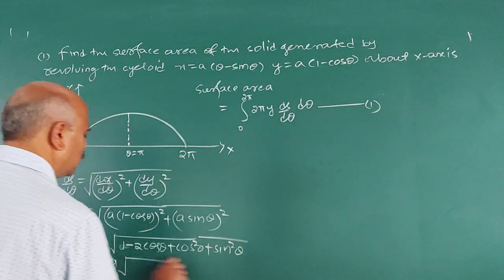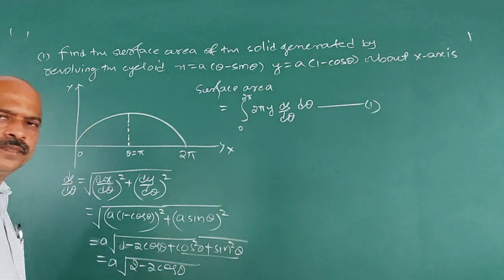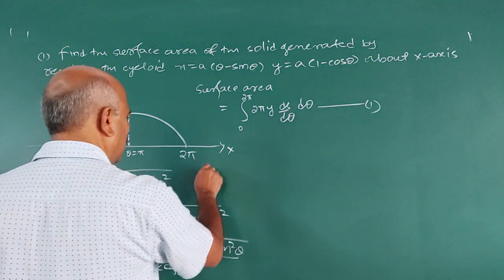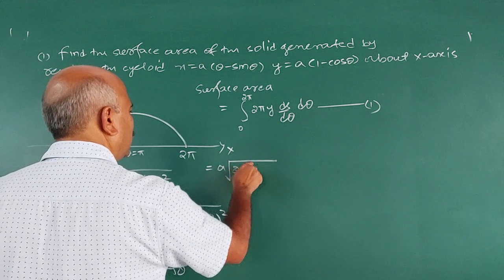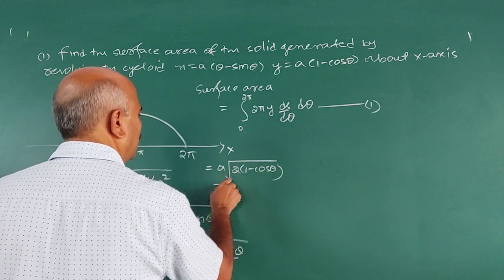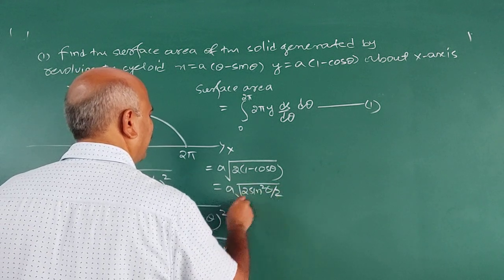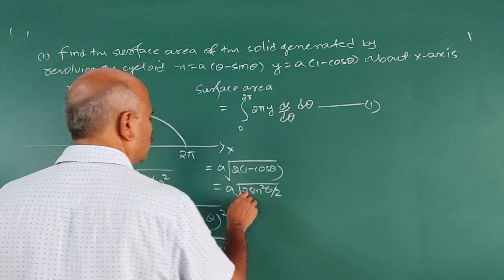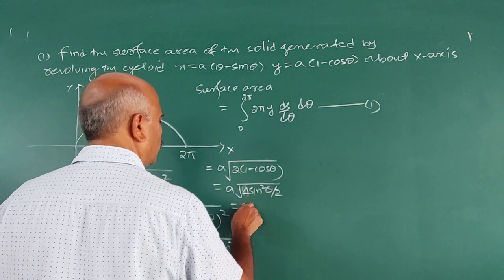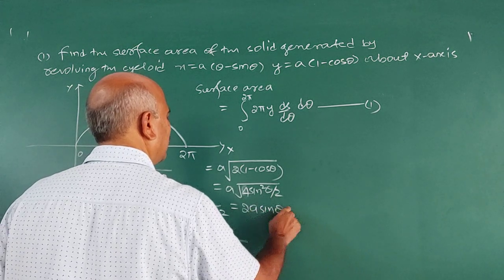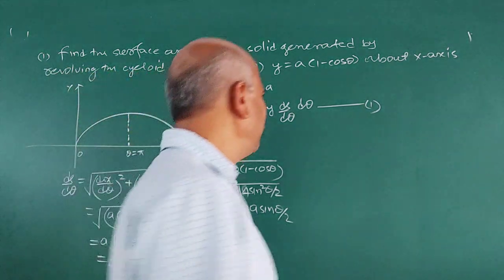Therefore a into square root of 2 minus 2 cos theta, which is a into square root of 2 into (1 minus cos theta). But 1 minus cos theta is 2 sin square theta by 2. Therefore 2 into 2, 4. So 2a sin theta by 2. This is ds by d theta.